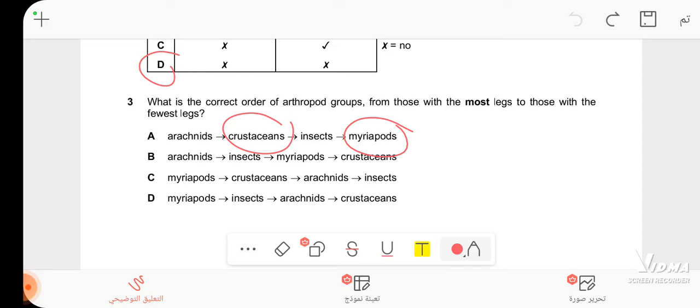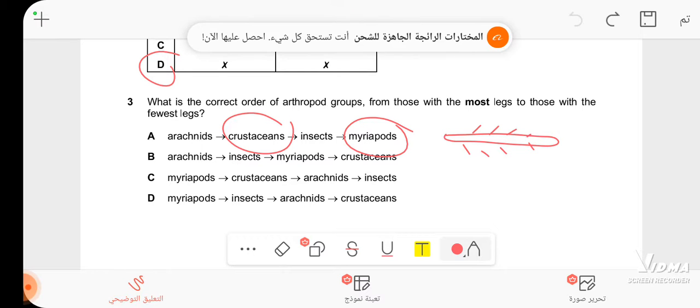Firstly, myriapods have the largest number of legs, a large number of pairs of legs. Next we have crustaceans, which have more pairs of legs than arachnids.